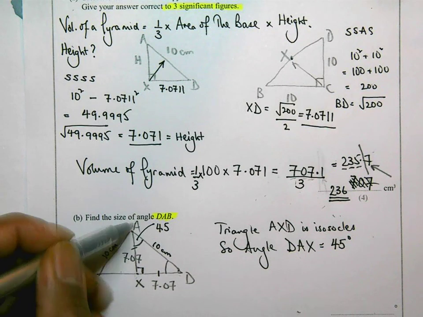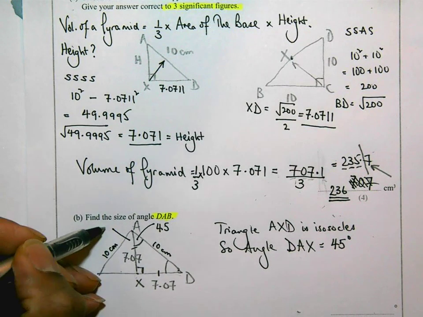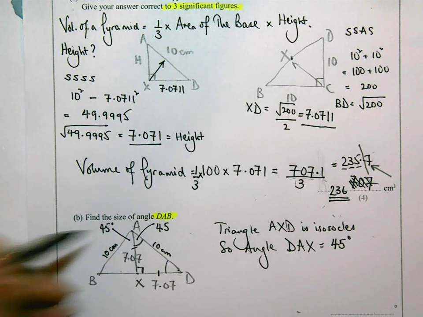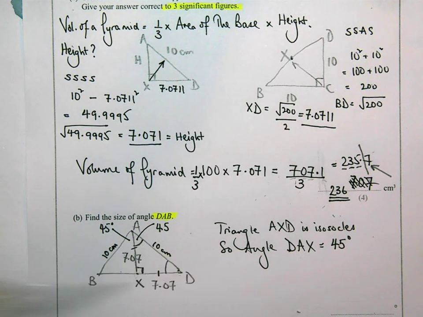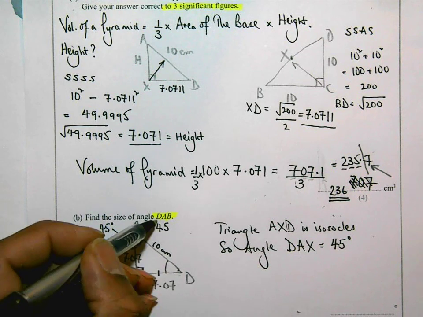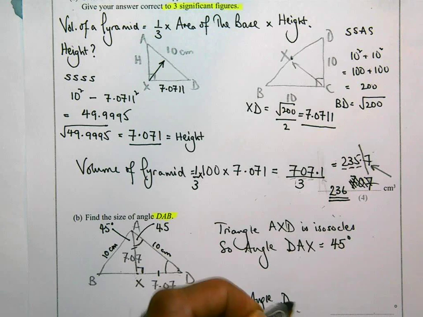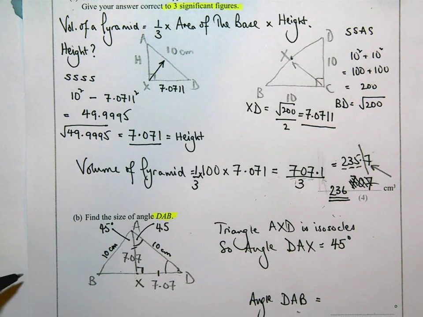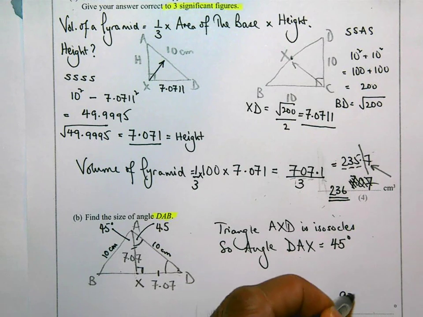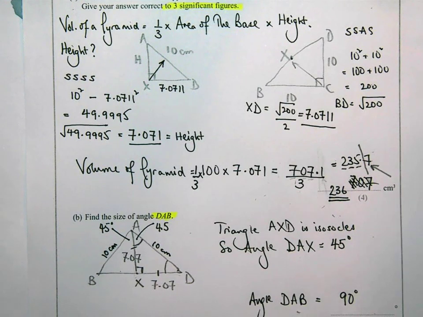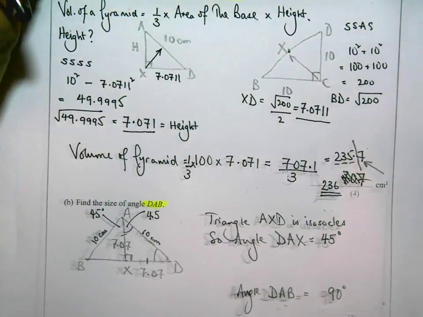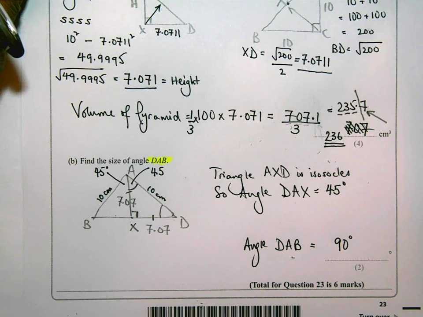And therefore, what that means is angle DAB is going to be 2 times 45, 2 lots of 45, which is 90 degrees. I'll just pull this up here so you can see that. So angle DAB is 2 lots of 45, which is 90 degrees.